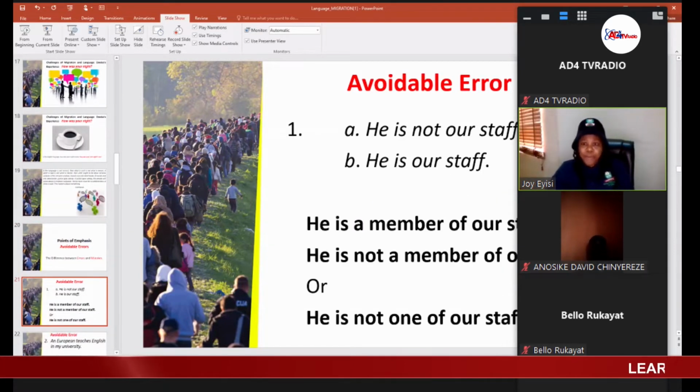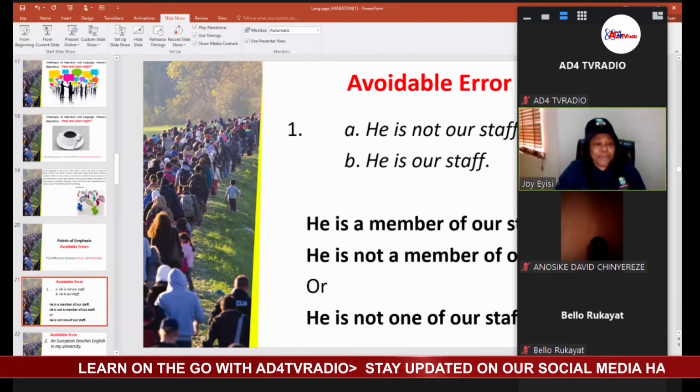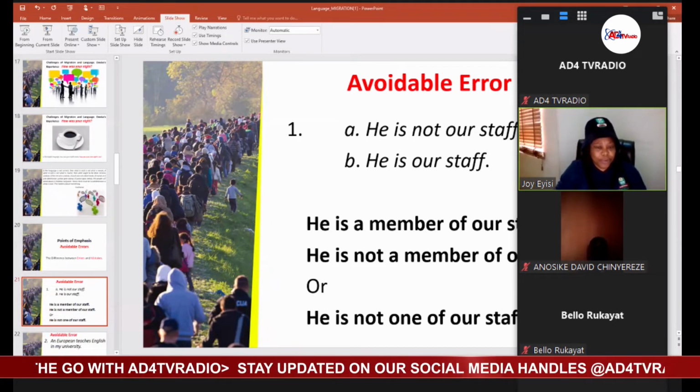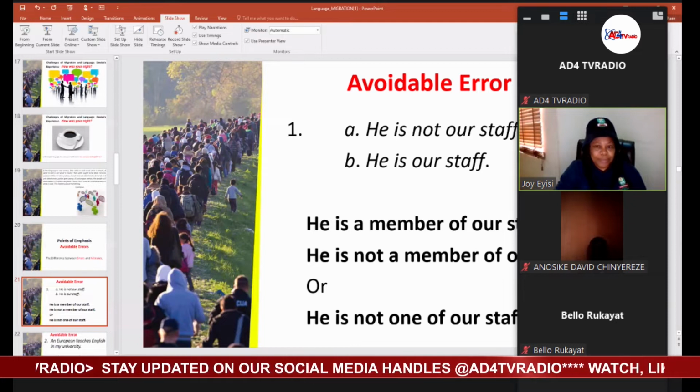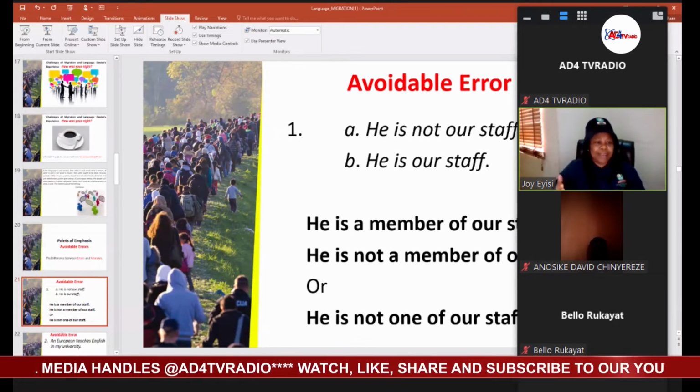There are a number of errors we are going to give attention to. The first of them is, "He is not our staff." "He is our staff." You hear this often from members of staff of different institutions. "I am his."